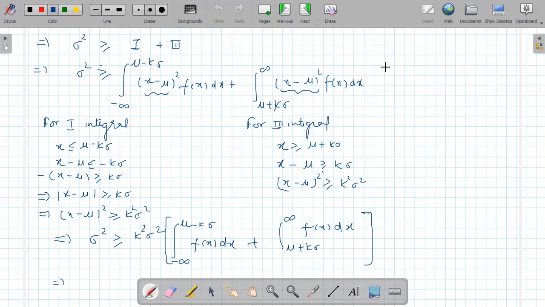So these two sums will be greater than or equal to k square sigma square into, you replace this by k square sigma square and k square sigma square here. So k square sigma square will be common. We are left with these two expressions. So ultimately sigma square will be greater than or equal to this expression.